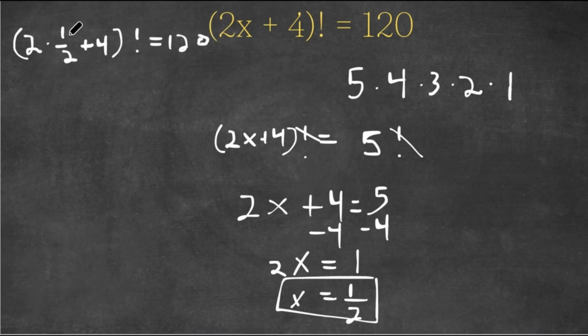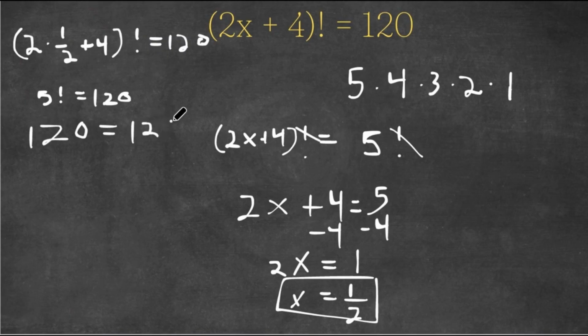Now 2 times 1/2 is simply just 1, so we have 1 plus 4, which is 5 factorial is equal to 120, and 5 factorial is indeed 120. So 120 is equal to 120. So because this is right, we know our answer is x equals 1/2.